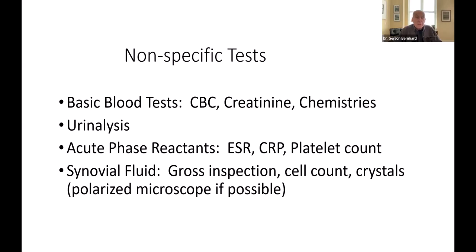Certainly, we want to know creatinine because I want to have a pretty good sense of renal function and the general chemistries, of course. What is often lacking, I find, is a urinalysis because you need to know whether there is any evidence of urinary tract involvement, infection, but more importantly, whether there's renal disease itself, inflammatory renal disease.